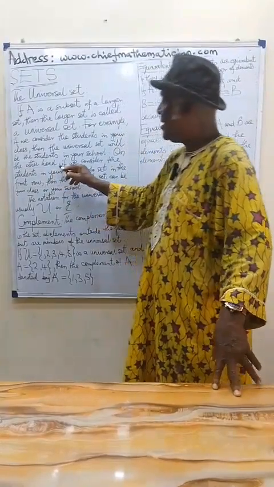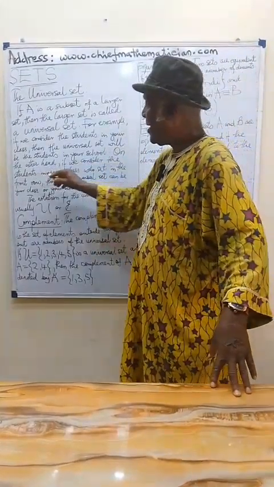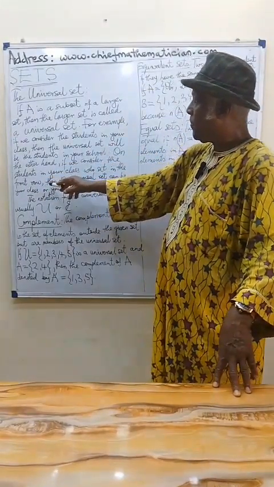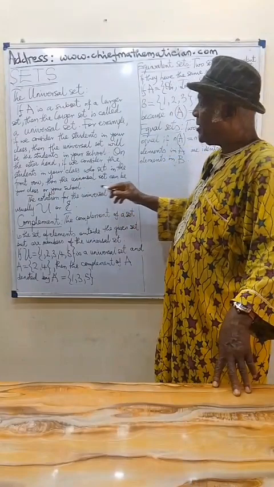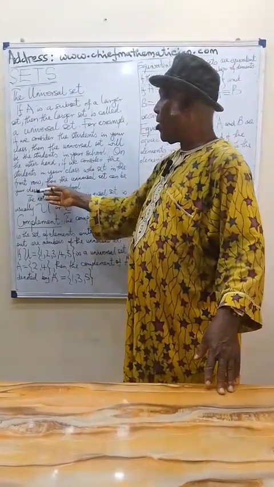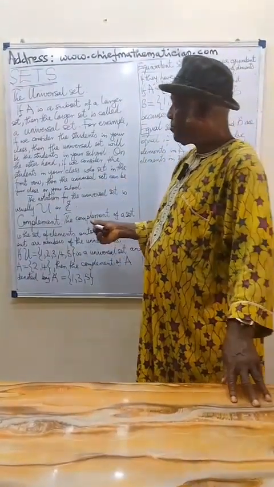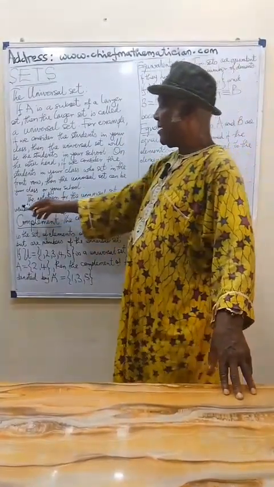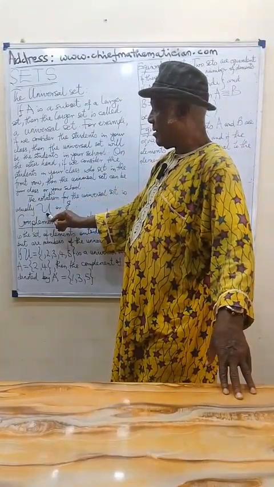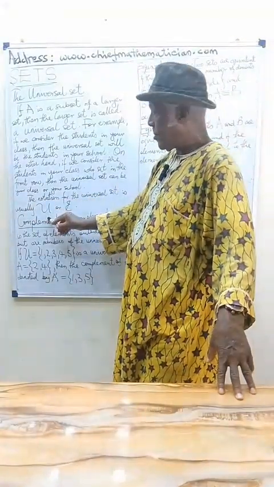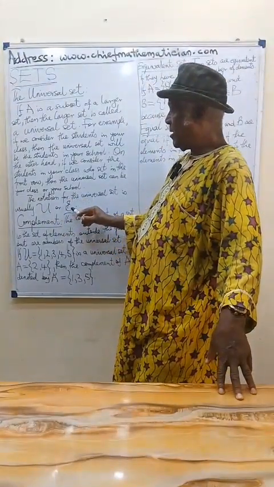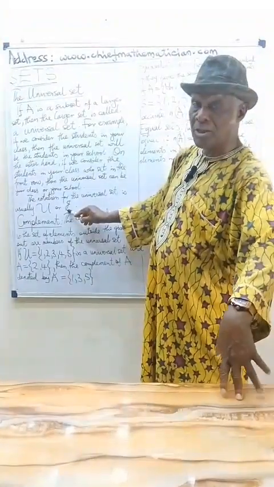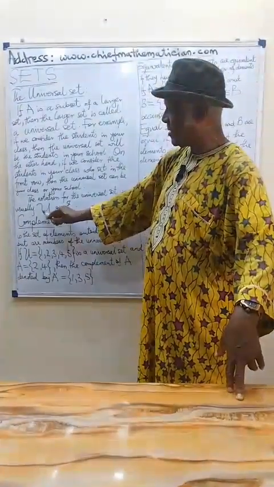On the other hand, if we consider the students in your class who sit in the front row, then the universal set can be your class or your school. The notation for the universal set is usually this type of U or E in this form. So you denote the universal set either with this or with that.